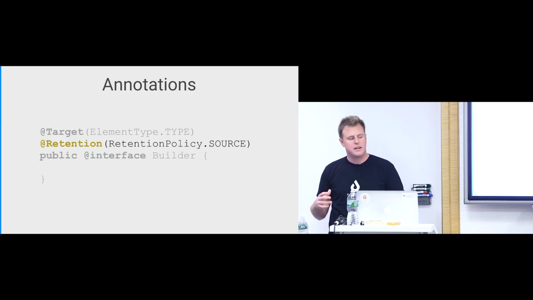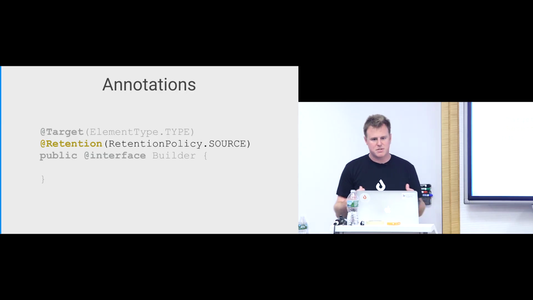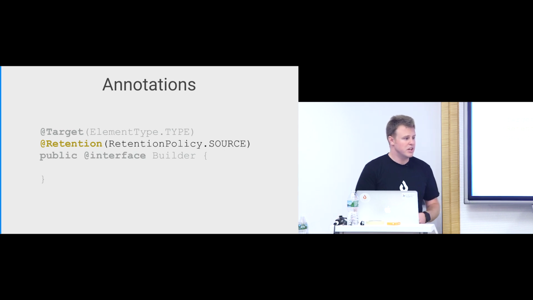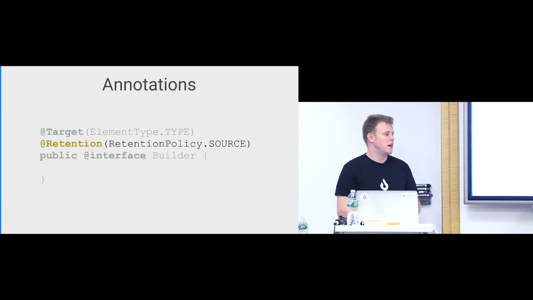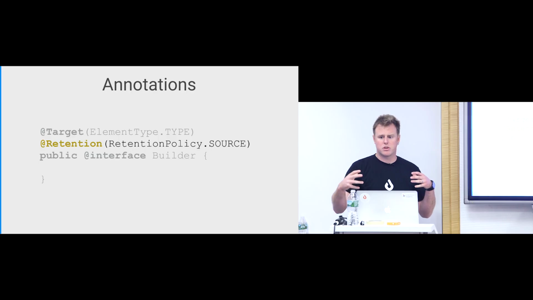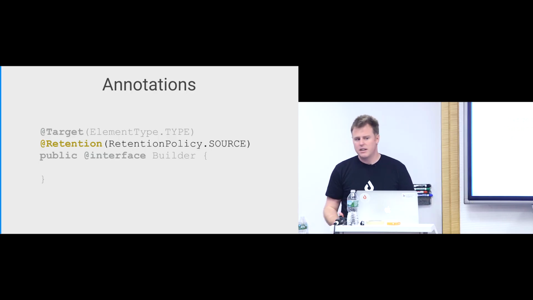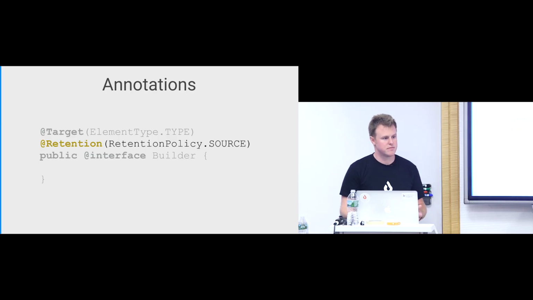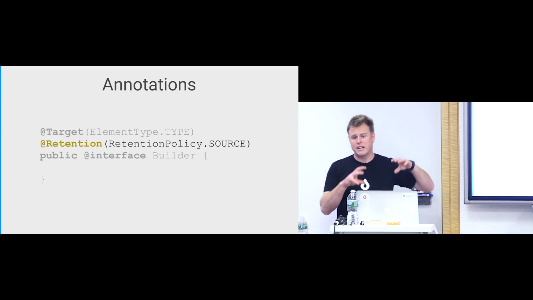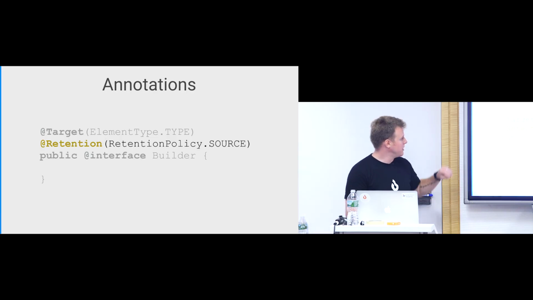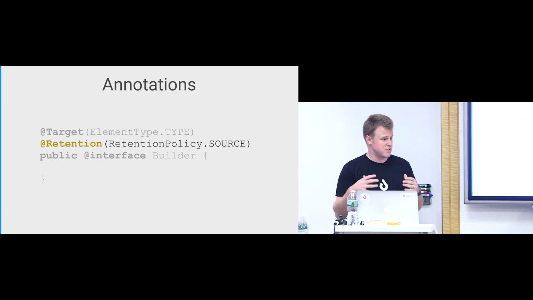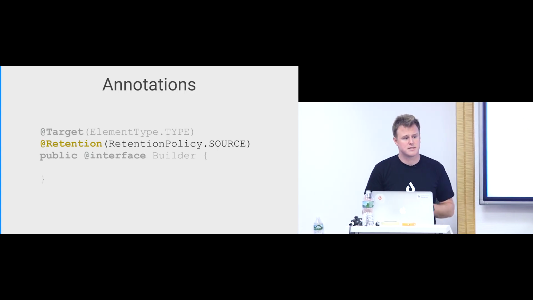What that means is that there are a few different use cases for annotations. There are runtime annotations, which, if your tool uses reflection, it uses runtime annotations, and so you have a retention policy of runtime for that. In our case, we're generating code at compile time, and the retention policy basically tells Java how long these annotations need to exist.